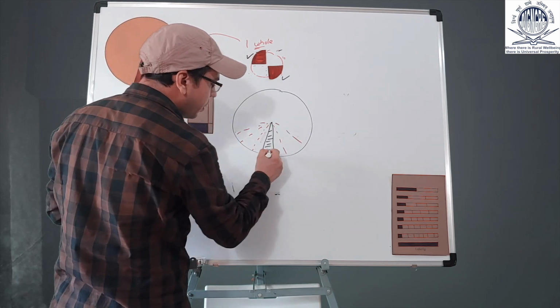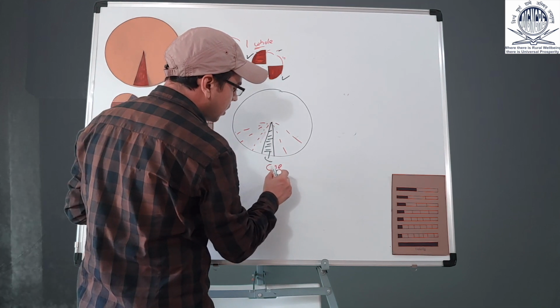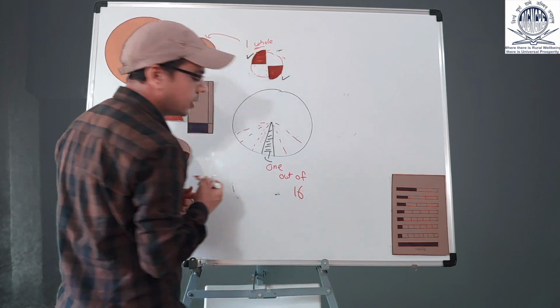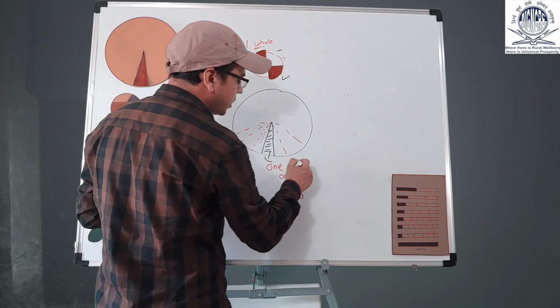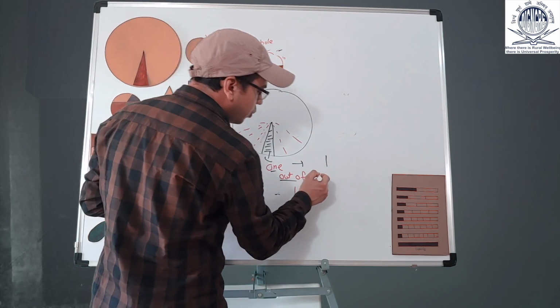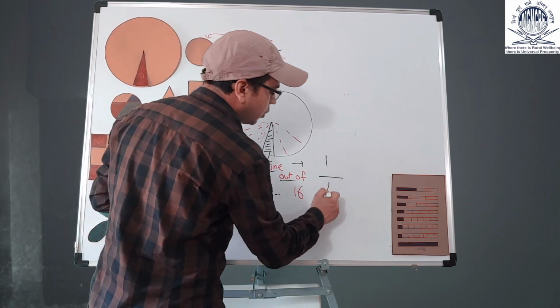I'll say this one part would be 1 out of 16. And the way of writing it as a fraction is, for this you write 1, for 'out of' you put a division sign, and for this number you write 16.